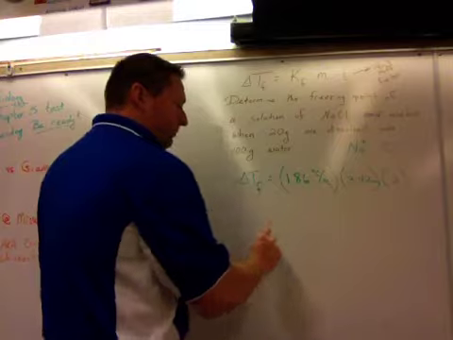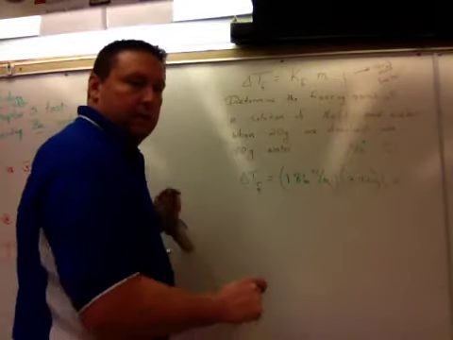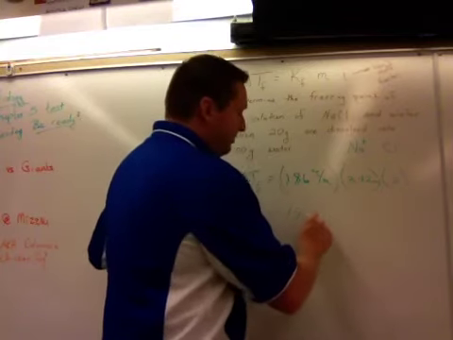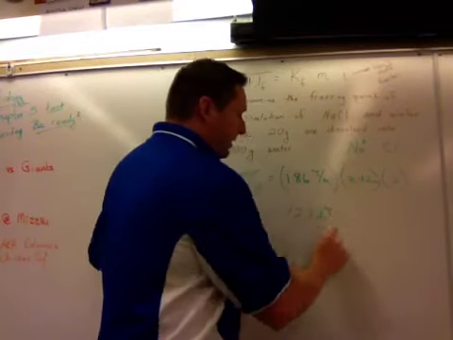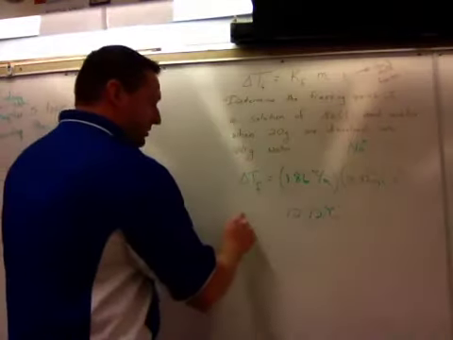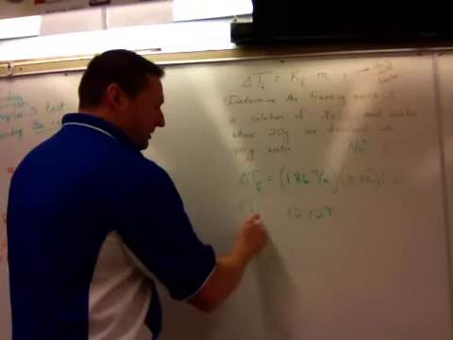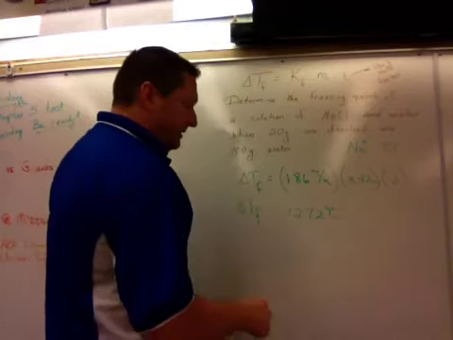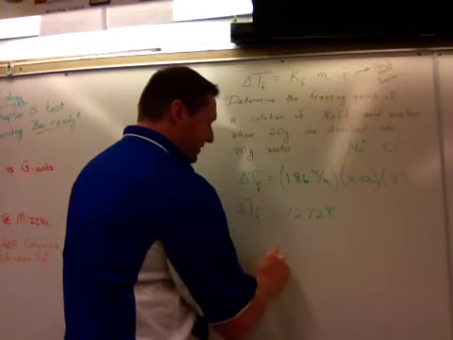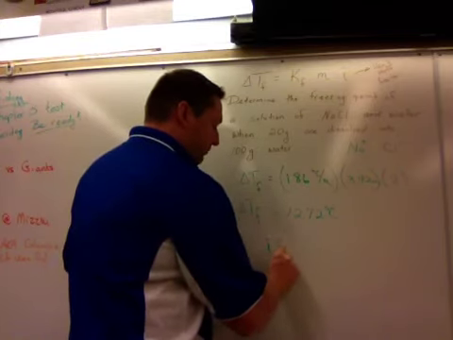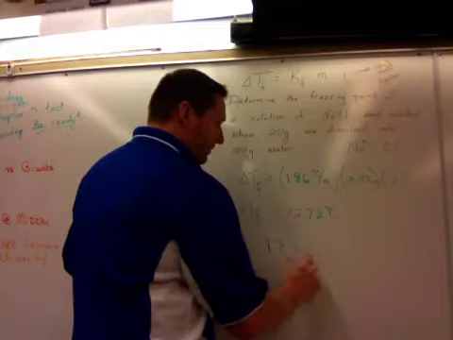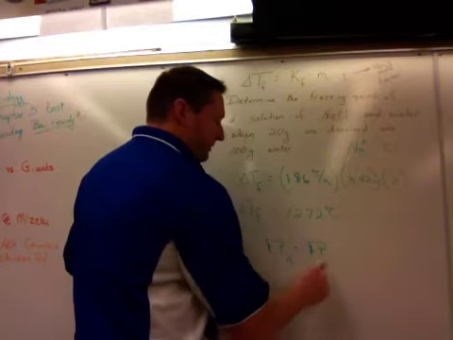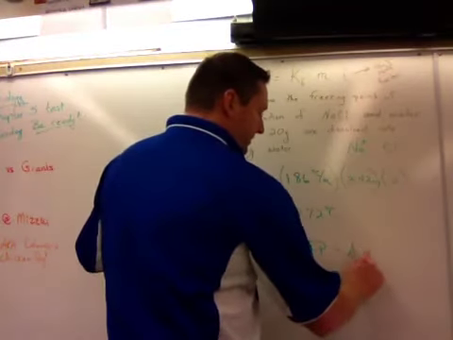And when we go through these steps, we get a 12.72 degree Celsius change. Now remember, because delta means change, this is a change in the freezing temperature. So the new freezing temperature, freezing point new, is going to be equal to the freezing point of water minus ΔT_F.